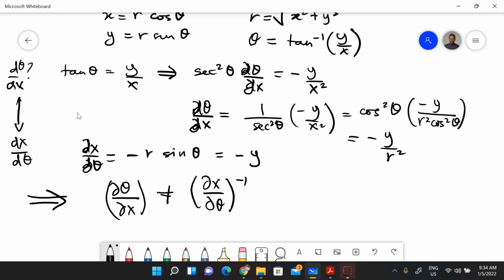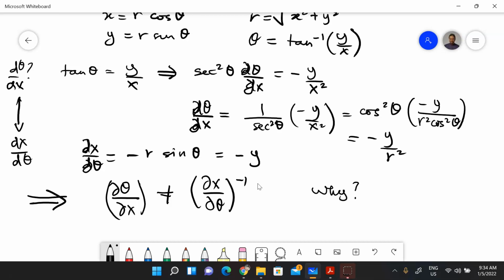So why is this? Sometimes you have seen the way that we do calculus as if we take the partial derivative of y with respect to x, and then you want to find the partial derivative of x with respect to y.